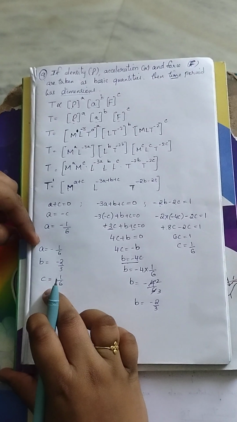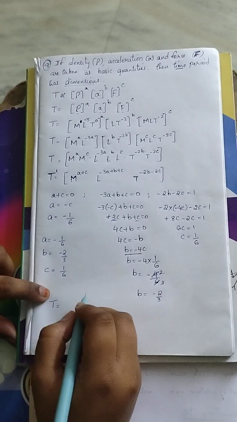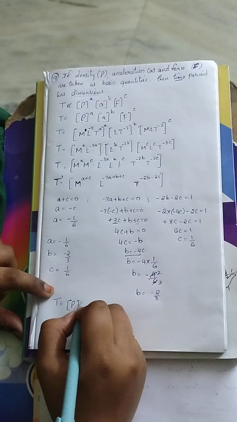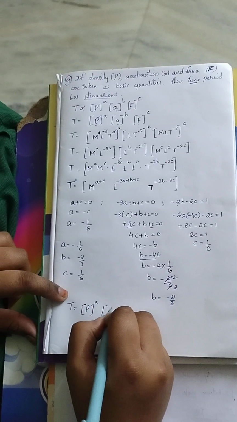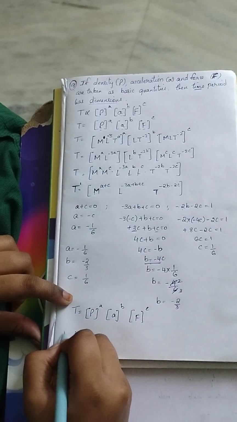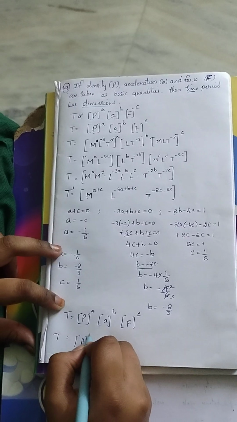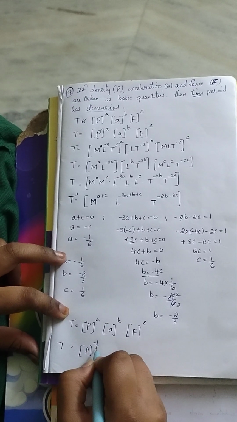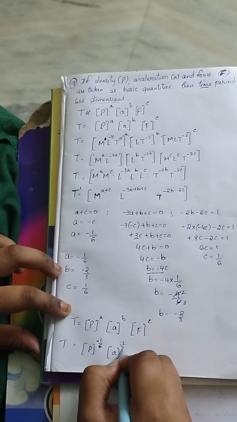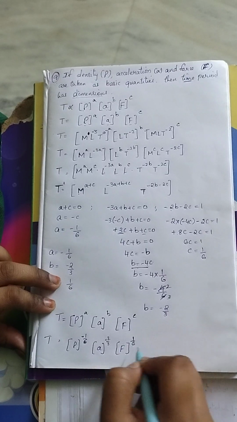Now we can substitute these here. T is equal to density power a, acceleration power b, force power c. That means rho power minus 1 by 6, acceleration power minus 2 by 3, force power 1 by 6.